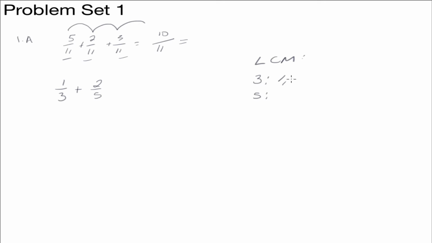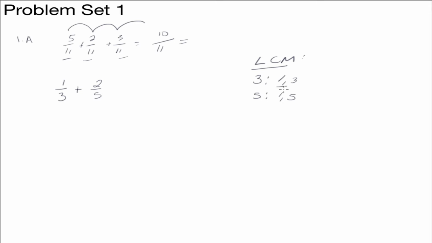So 1 and 3. 5 are 1 and 5. Both of these are prime numbers, but we would talk about that later. And then we take each one of the factors, the most number of times it appears, and multiply them together to get the least common multiple.